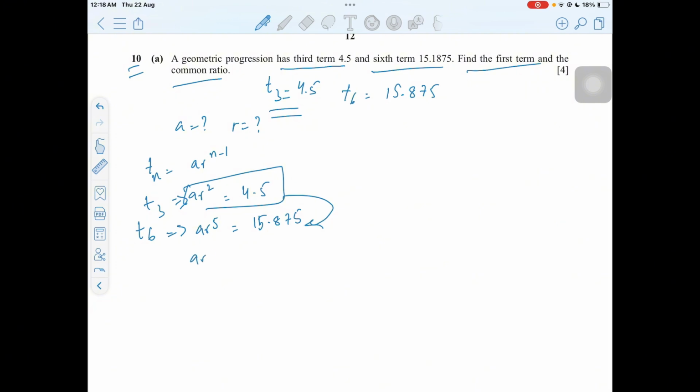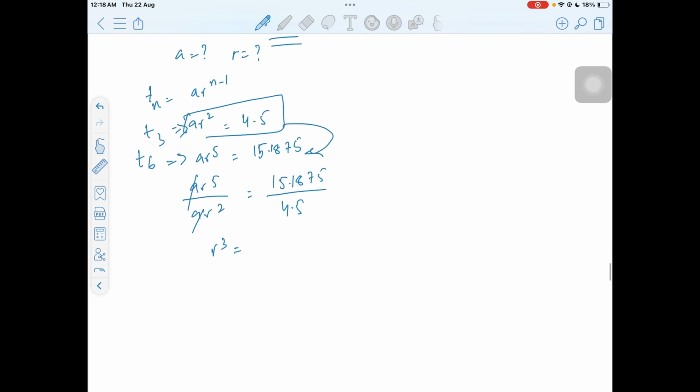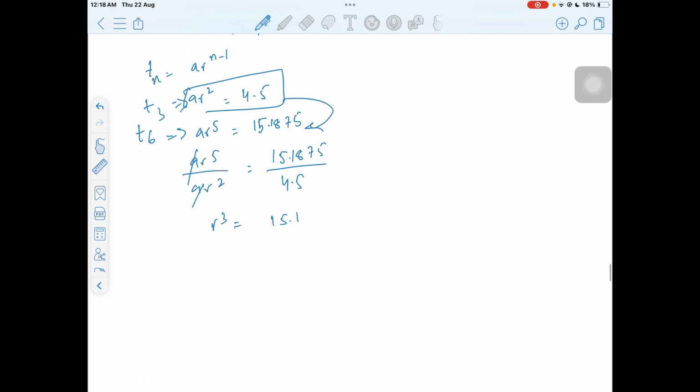So this would be a r^5 upon a r^2, 15.1875, sorry, upon 4.5. We get a and a would be cancelled out. We get r cubed as 15.1875 over 4.5. To remove this r cube, we'll be taking the cube root. So we get our r as 1.5 by using the calculator, right?